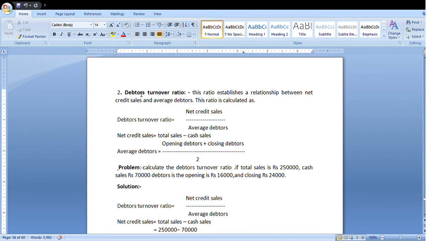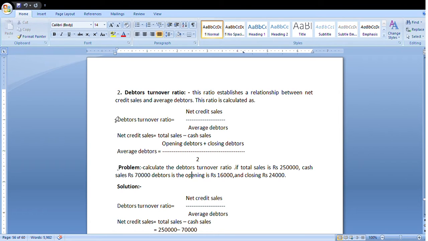This ratio is calculated as: debtors turnover ratio is equal to net credit sales by average debtors. This ratio shows the relationship between net credit sales and average debtors.